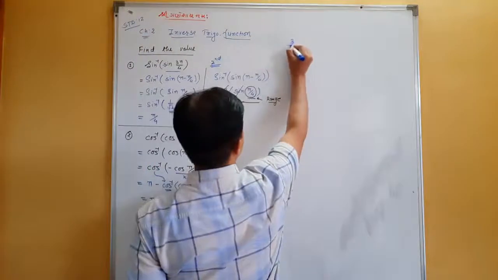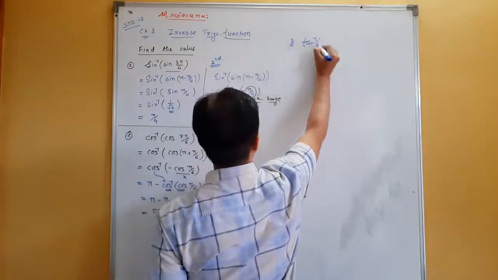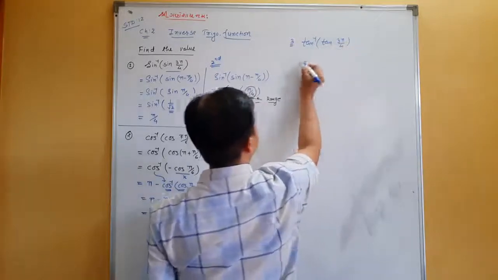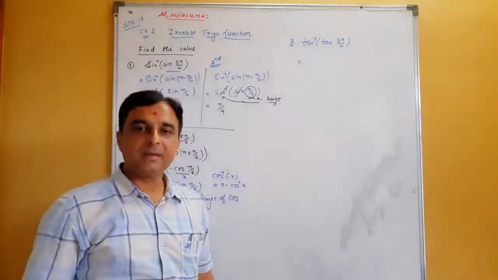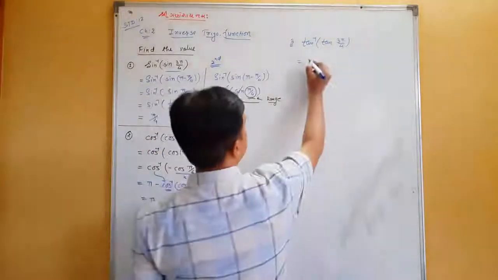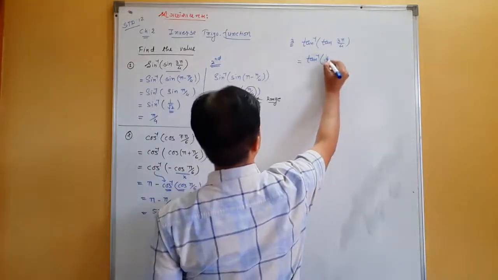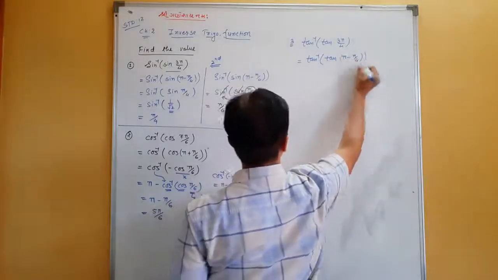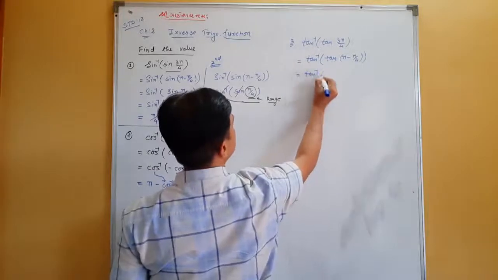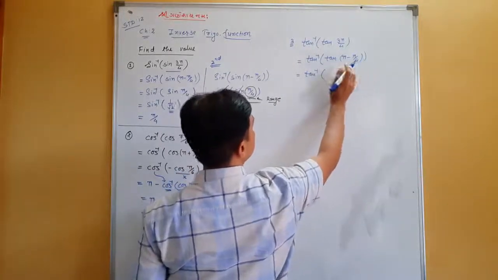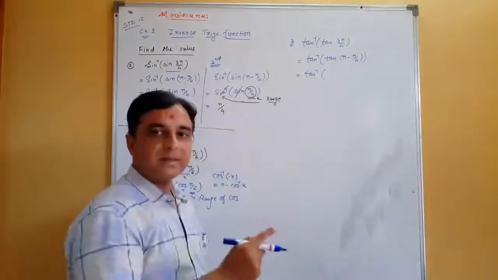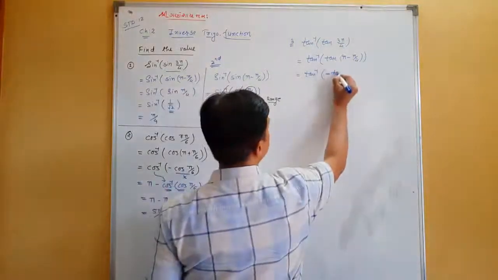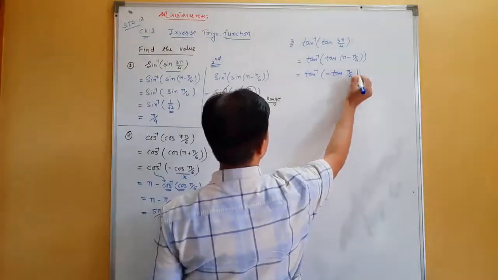Third, tan inverse tan 3 pi by 4. So we know tan 3 pi by 4 is tan of pi minus pi by 4, and this is tan inverse, pi minus means second quadrant, tan is negative, so minus tan pi by 4.